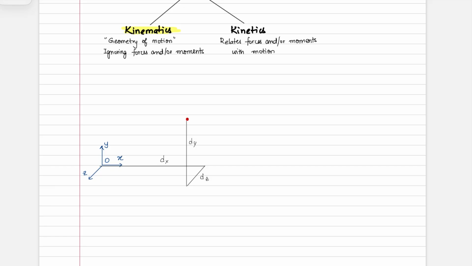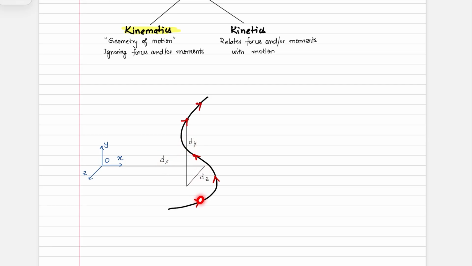Let's say that just the position of this point is sufficient to tell you something about that body. That is, you don't really care about how that body is oriented. And in fact, maybe the body is executing some motion that looks like this, then to define any point along the trajectory, as this is moving in this way, all you need are a series of dx, dy, and dz numbers.